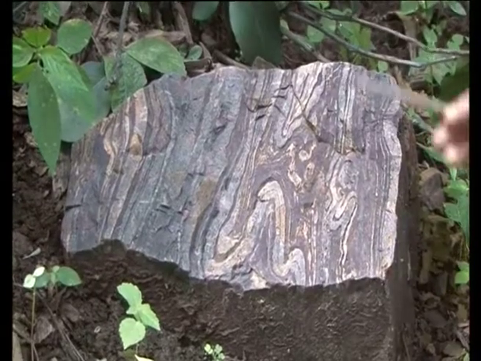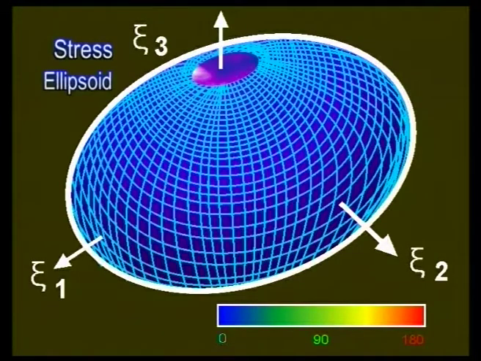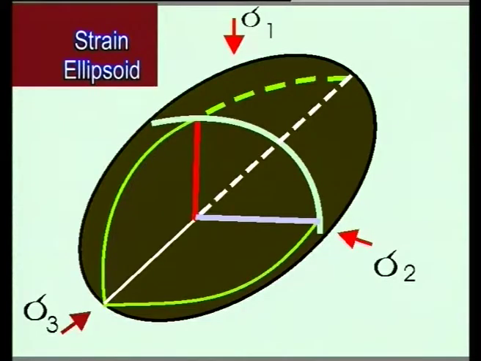Thus, if we try to compare the stress ellipsoid of a stressed body with the strain ellipsoid of a deformed body, the stress ellipsoid will have the greatest principal axis parallel to the direction of maximum compression, because that is the direction in which the magnitude is greatest, while in the strain ellipsoid the corresponding principal axis will be the shortest one.